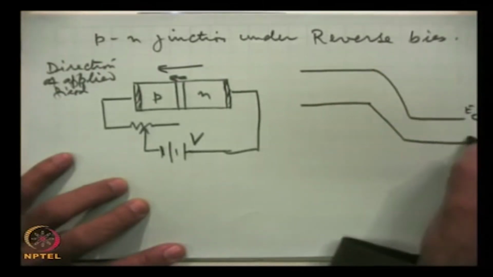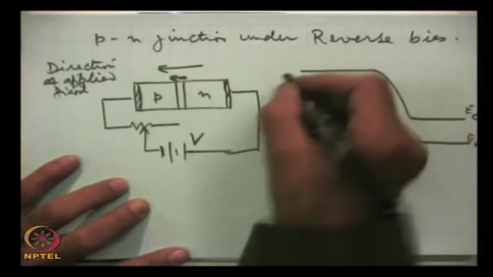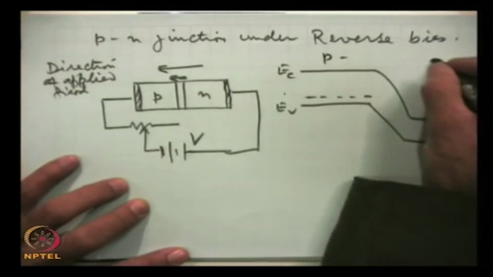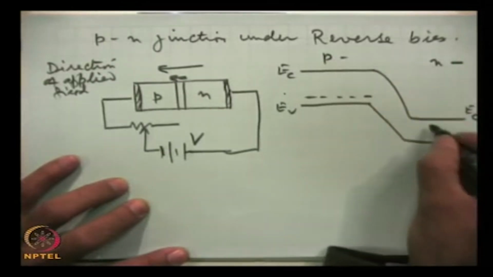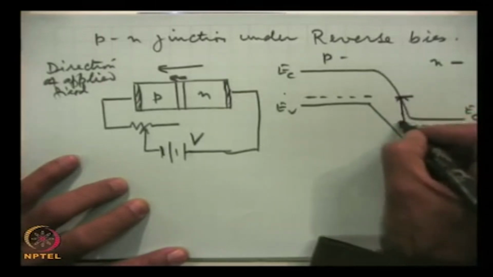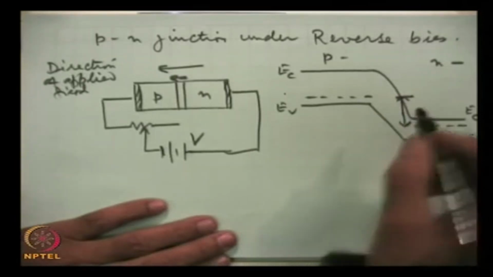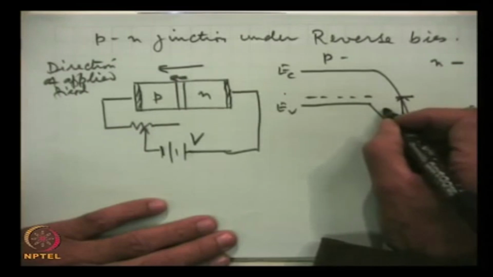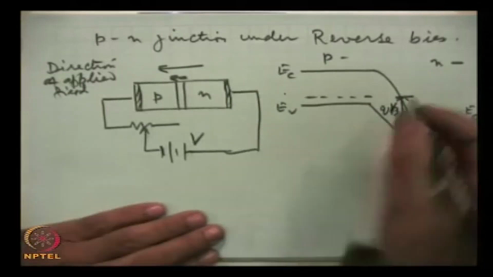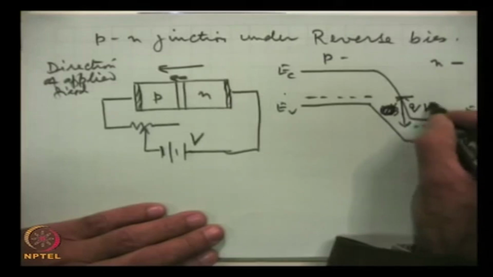This is E c, E v, Fermi level in the p side, this is p side, this is n side, and this is the Fermi level, and this is the potential barrier height which has gone up drastically, and this is equal to q v b, q v, sorry, q v.